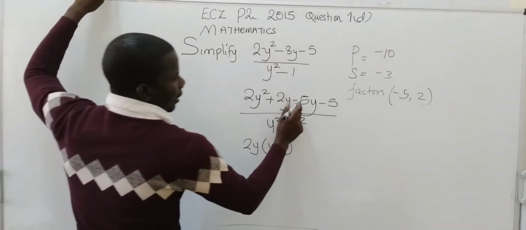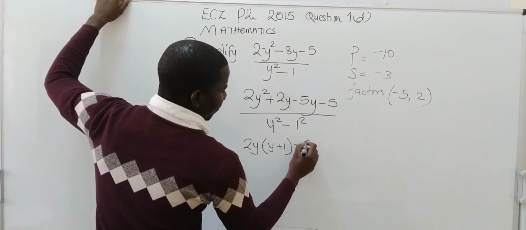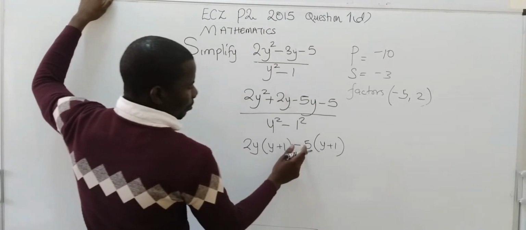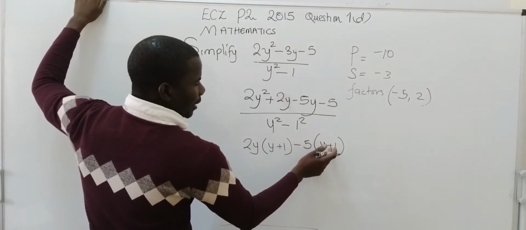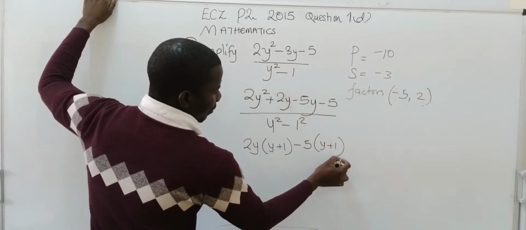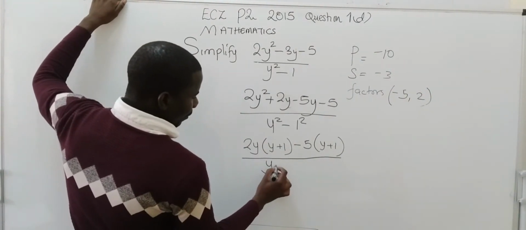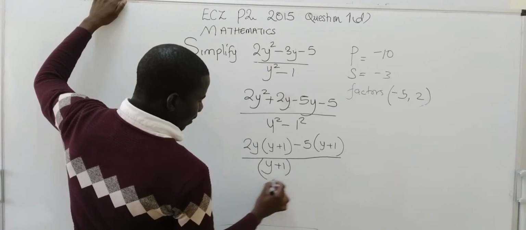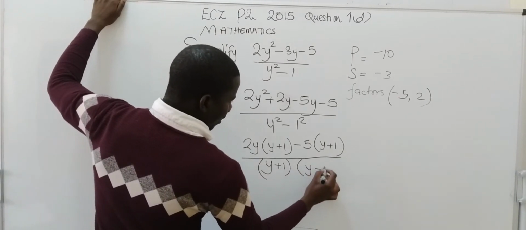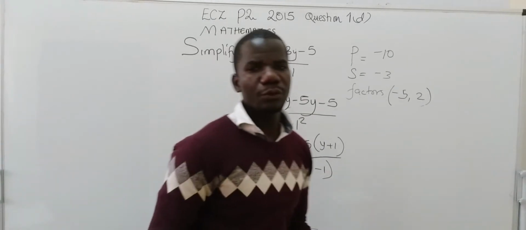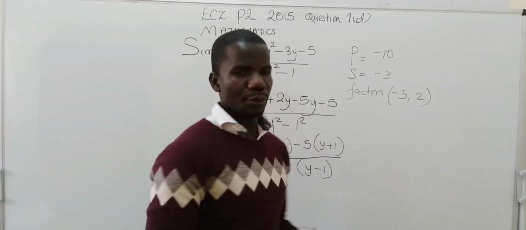And here we have negative 5 times y plus 1, because we have factorized a negative, so this one changes into positive. Over, going by the rules of the difference of two squares, this is what we are supposed to get.